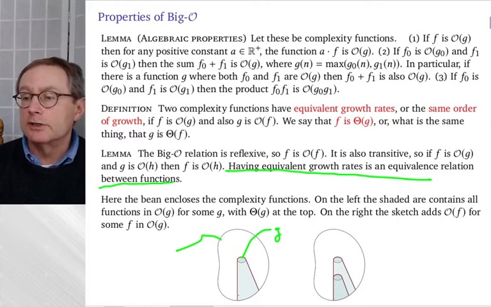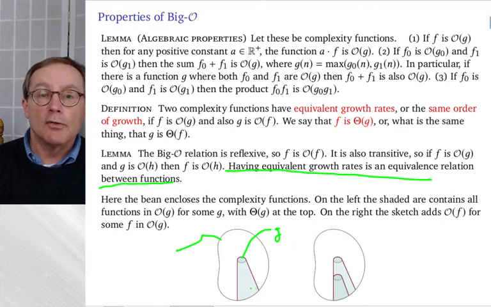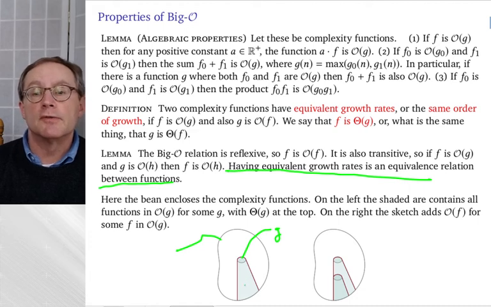So the collection is all the functions that are somehow less than or equal in growth rate compared to g. So if, for example, g is some kind of x to the fifth, then you'd see x to the fourth type functions and x to the third type functions and x to the one type functions and logarithm type functions, all the functions that have a growth rate somehow lower than g's growth rate.